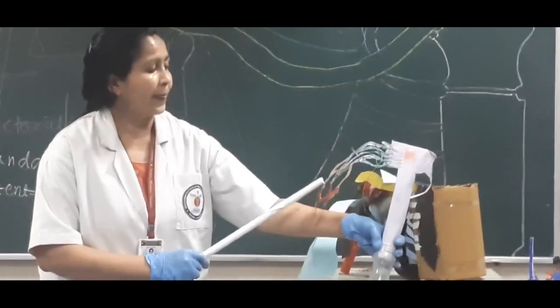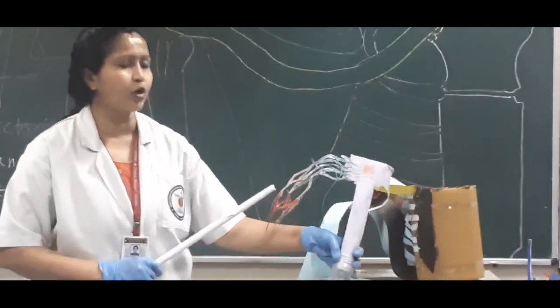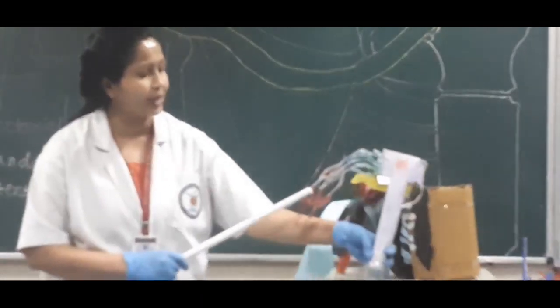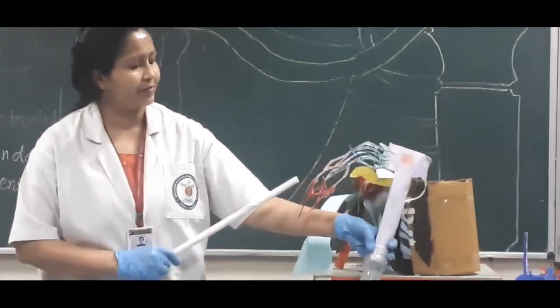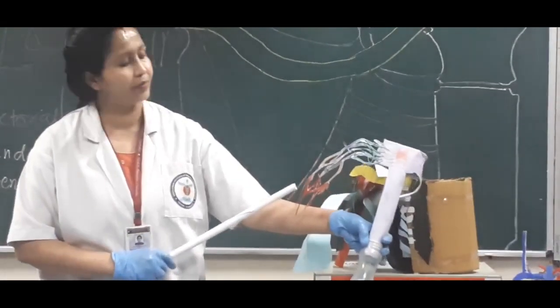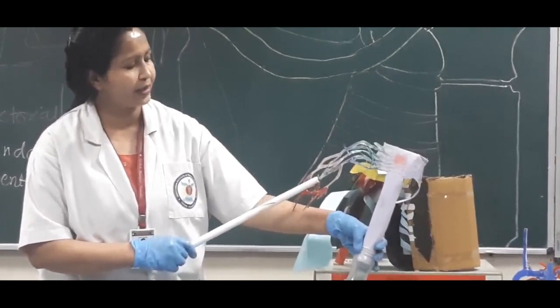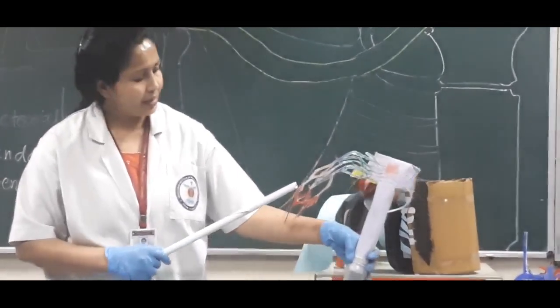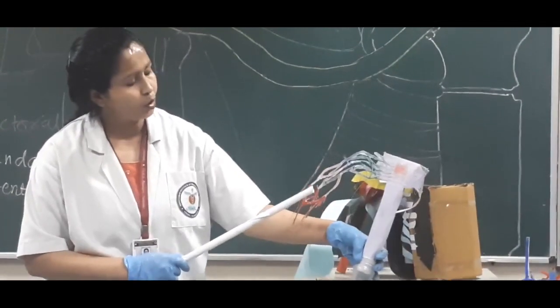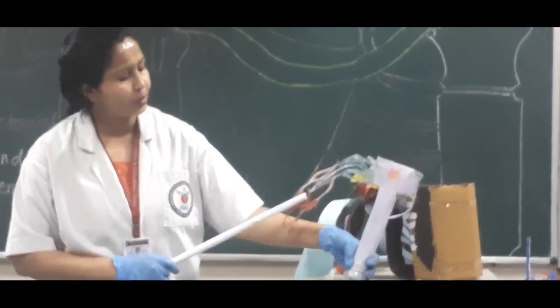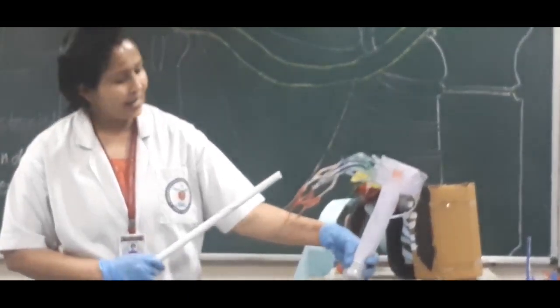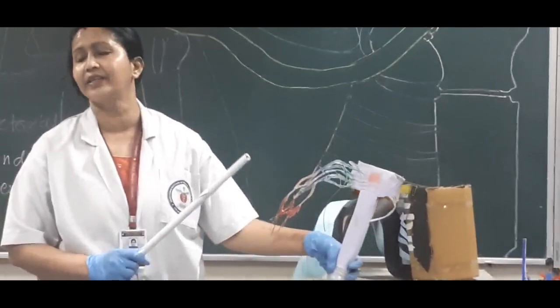So, the branches of the lateral cord is LLM, that is the lateral pectoral nerve, lateral root of median nerve, and the musculocutaneous nerve. Branches of the posterior cord: upper subscapular, lower subscapular, nerve to latissimus dorsi, axillary nerve, and the radial nerve.